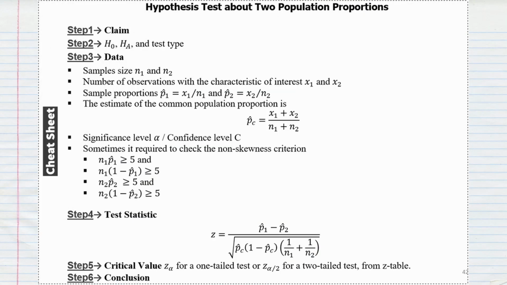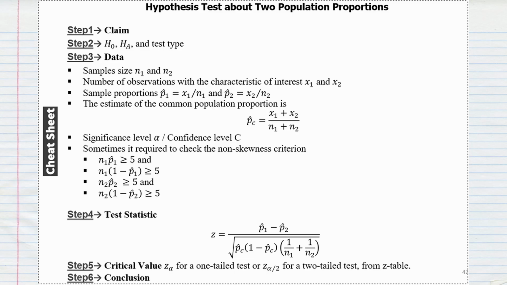Let's conclude Chapter 9 in the textbook with the following cheat sheet about how to conduct hypothesis test about two population proportions. Step 1, make a claim. Step 2, define the null and the alternative hypotheses, and also the test type. Step 3, get the needed statistics from the problem statement.